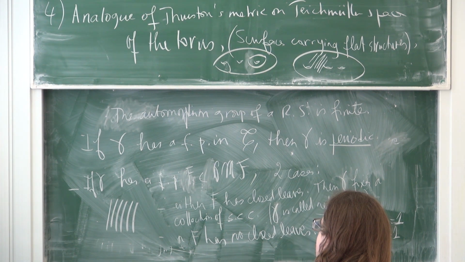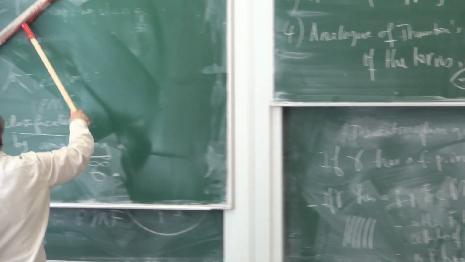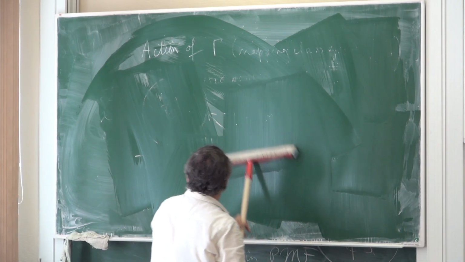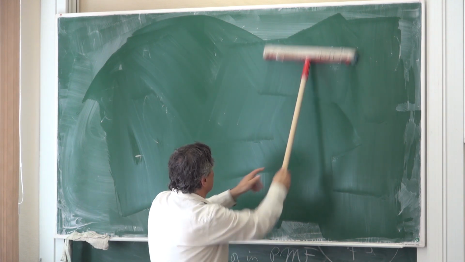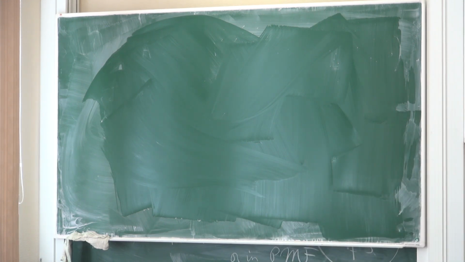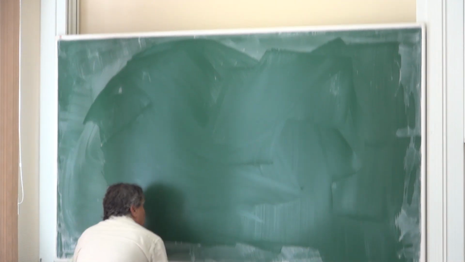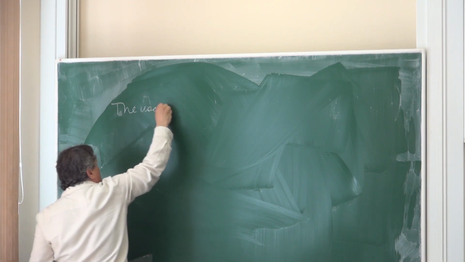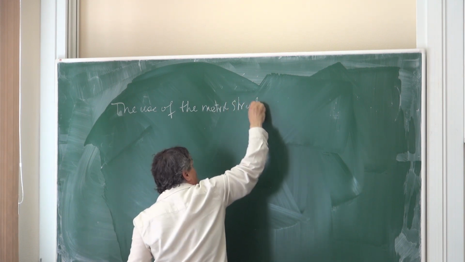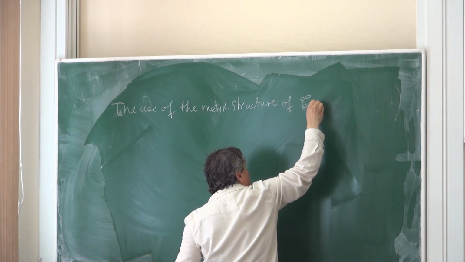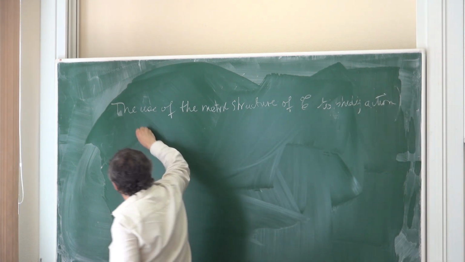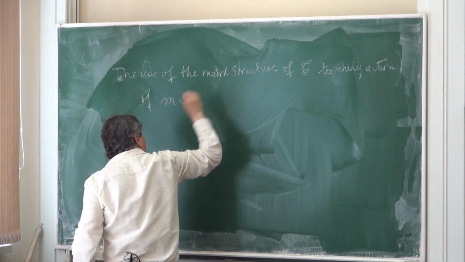I must say right from the beginning that we were not the first to use the metric structure of Teichmüller space in order to study the action of the mapping class group.